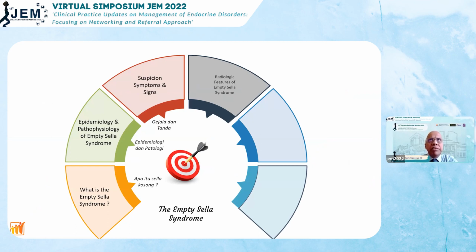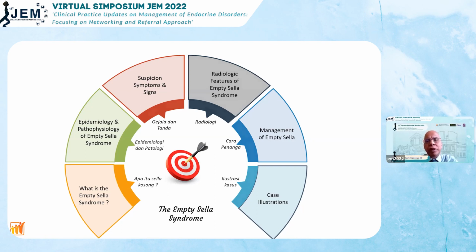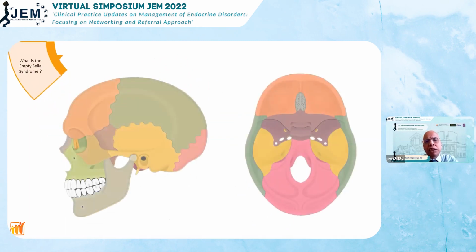And then I will move on to radiological features of the empty sella syndrome, giving you a quick overview from an endocrinologist's viewpoint of reading MRIs. I'll touch on management of the empty sella, and finally, I will run through some case illustrations.